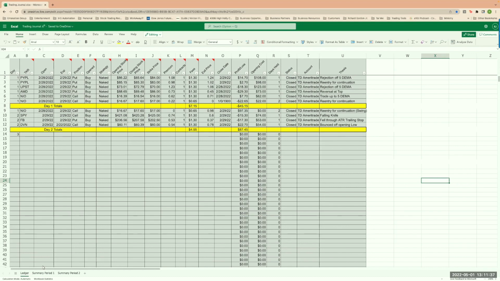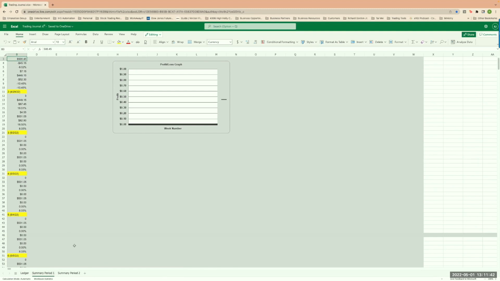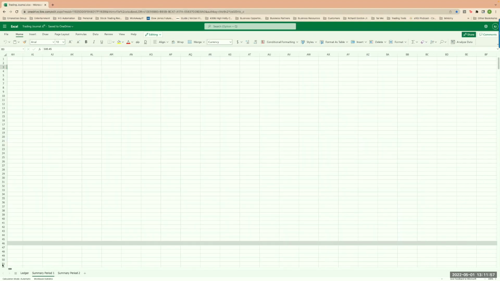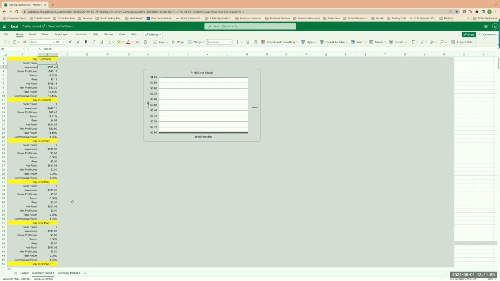And then what I do is I calculate the gains and losses based on these transactions. Let me see if I can figure out why my chart is not showing fully. Okay, here we go. So this was day one, and we started off with $500 in the account, 45 cents.